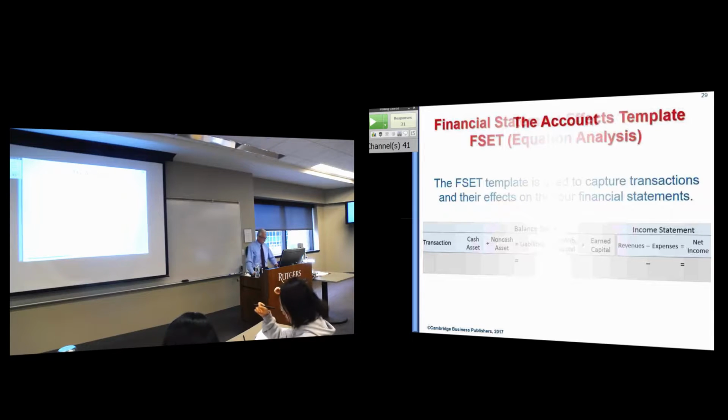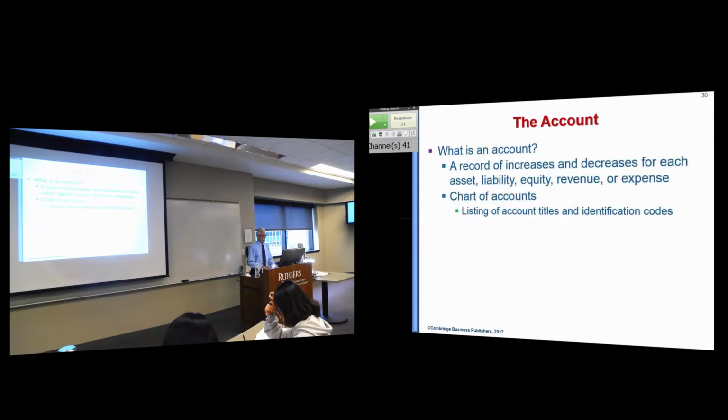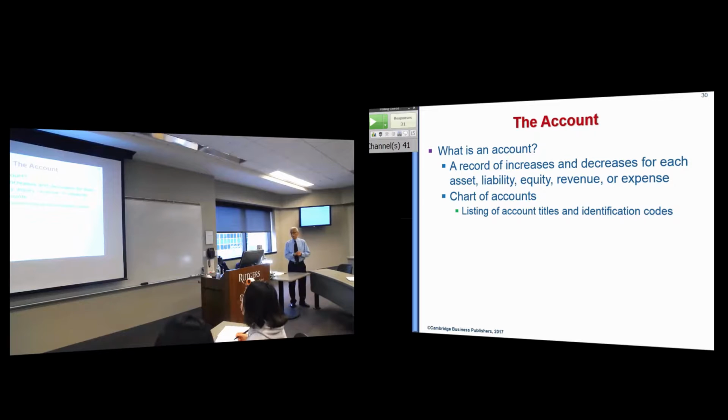So let's go through the accounts. Each account on the balance sheet and income statement, when we get there, is really a device to record income and expenses, assets and liabilities, and changes in those accounts. A chart of accounts, just so you're clear, is something that you're going to see in an accounting information system, so that if you look at your client, account 1010 could be cash, 1020 could be accounts receivable.